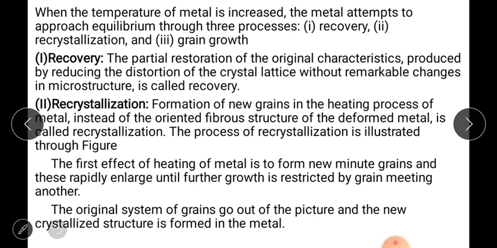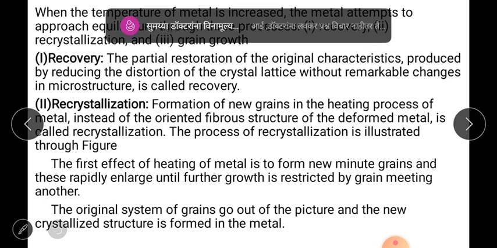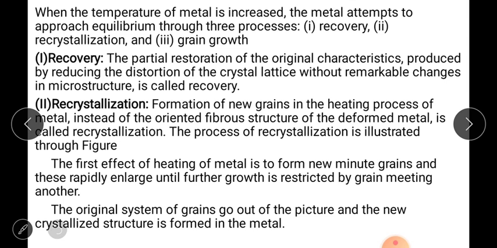The partial restoration of the original characteristics produced by reducing the distortion of the crystal lattice without remarkable changes in microstructure. Means what? As we are pouring the molten metal into the mold cavity, there will be some partial restoration, means a few of the characteristics will remain as they are, produced by reducing the distortion of the crystal lattice without remarkable change in microstructure.